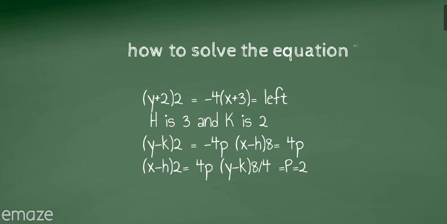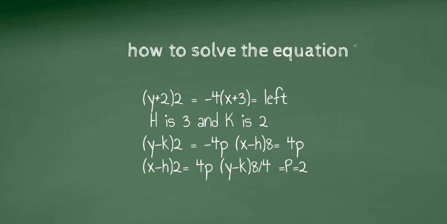It will be x minus 3, so h will always be 3, and the k is y plus 2, so it is minus 2. So this can be described as (x minus 3) squared equals 8 (y plus 2), and it opens up.